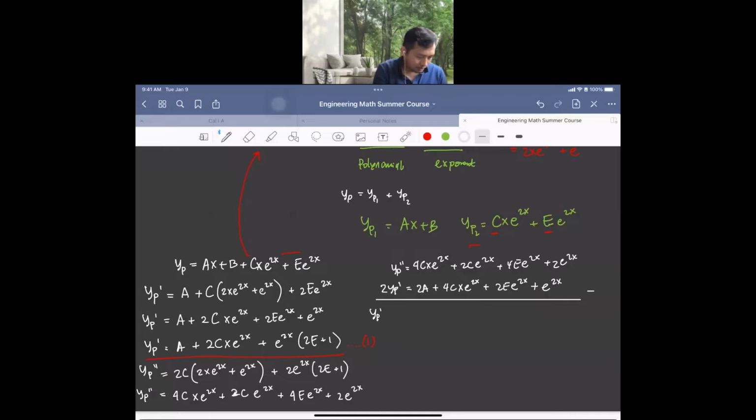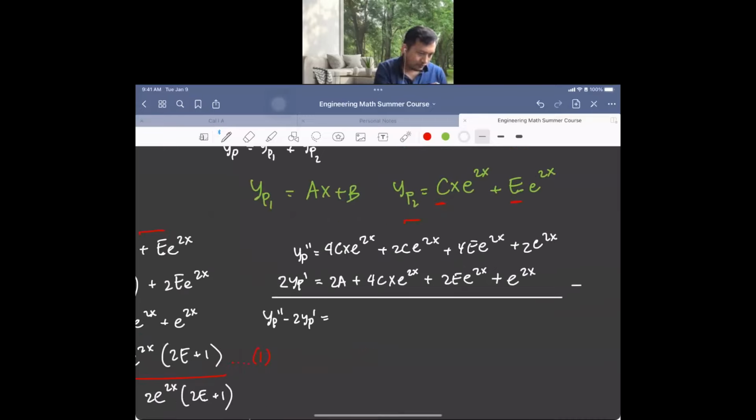So yp double prime minus 2yp prime is, I think it's the same, right? We can cancel. This can be cancelled like that, and this can also be cancelled. So we can write 2a plus 2, sorry, it should be negative 2a.